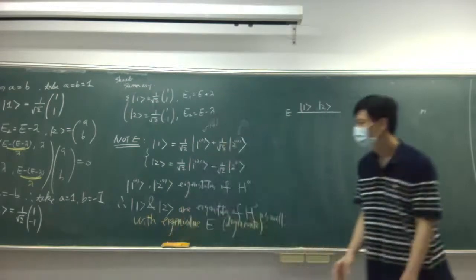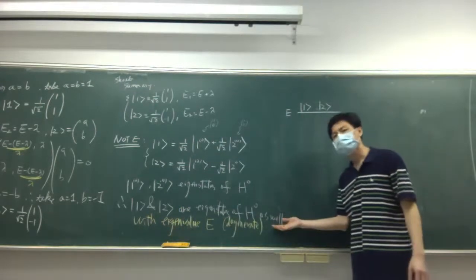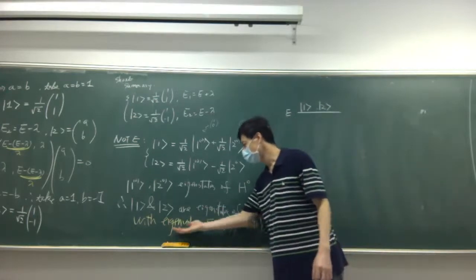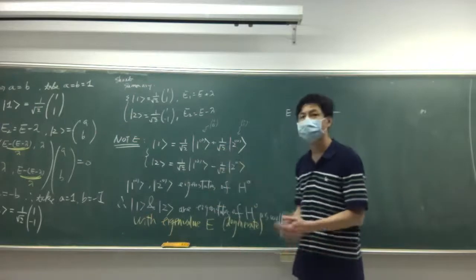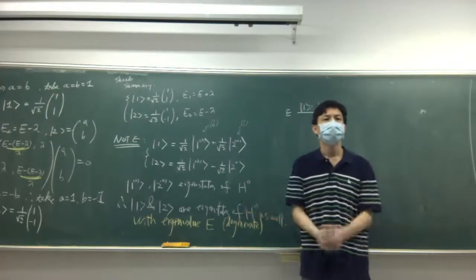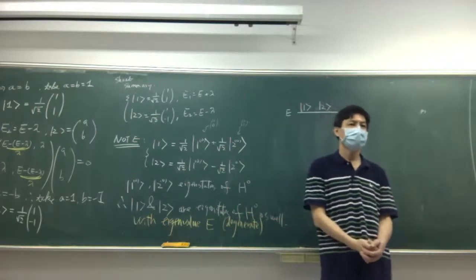Right? |1> and |2> are also eigenstates, and they have the same energy, but obviously these two are different. So |1> and |2> are degenerate.